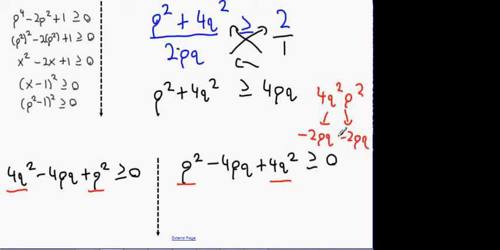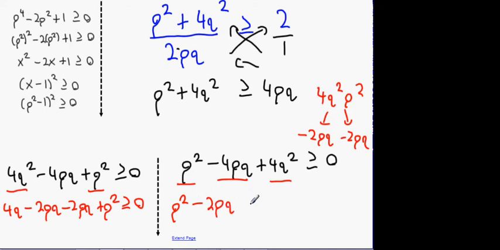Are you happy with that? Yeah. Now, all we got to do is write down both of them. 4q squared minus 2pq minus 2pq plus p squared greater than or equal to 0. What you'll always notice, lads, is the middle part always just breaks up in half. You always just half it. So you almost don't need to go through the first part of actually doing it.